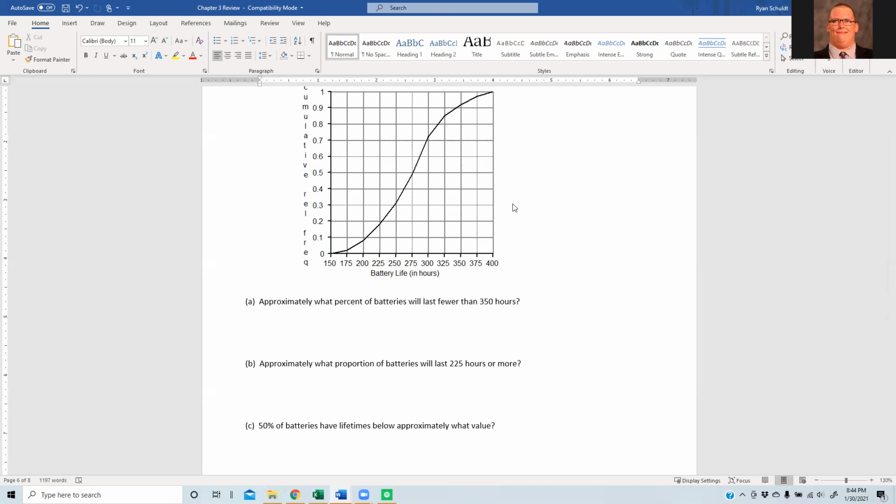So we want to go to the 350, trace it upwards, and then over to the axis. Let's do that. 350, trace it upwards. We hit there, then we go over.